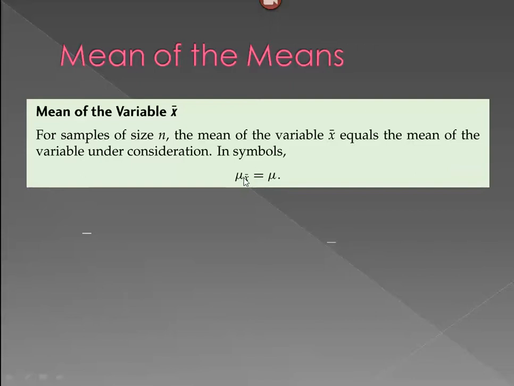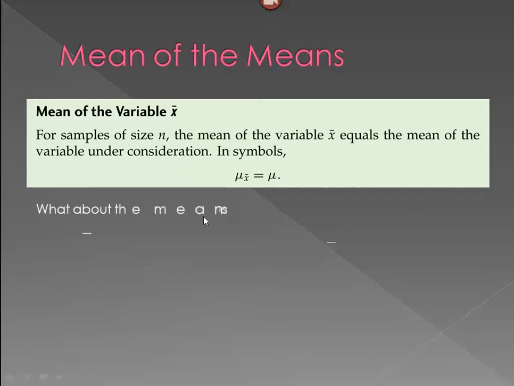Remember, x bar is also a symbol for mean. So this really means the mean of my means, those are all my sample means, is equal to the mean of the population. This is exactly what we saw on the previous slide. The mean of all of my sample means is equal to the mean of the population.